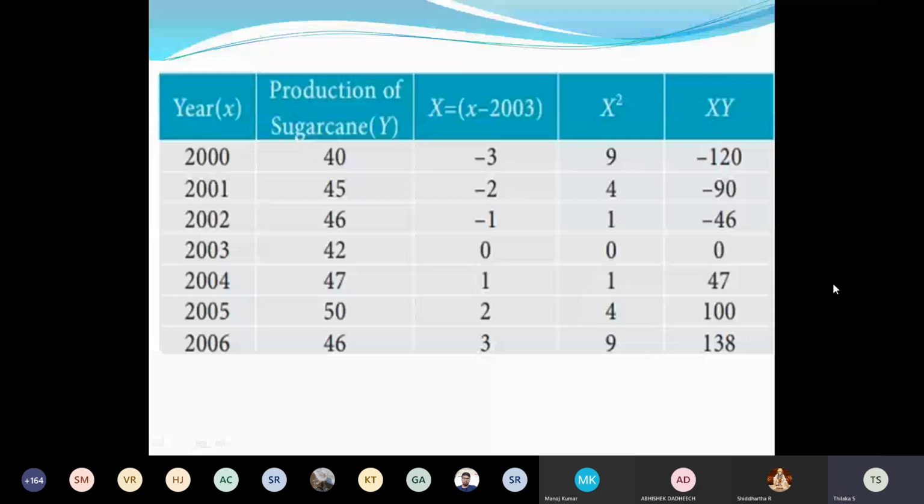And here capital Y is the variable which was given, and X is the time period, and the product of X and Y has to be calculated. We have to calculate these things to find the values of the constants a and b, because in the formulas used to find the constants a and b, we need the values of sigma x squared, sigma xy, all those things. So we are calculating this.